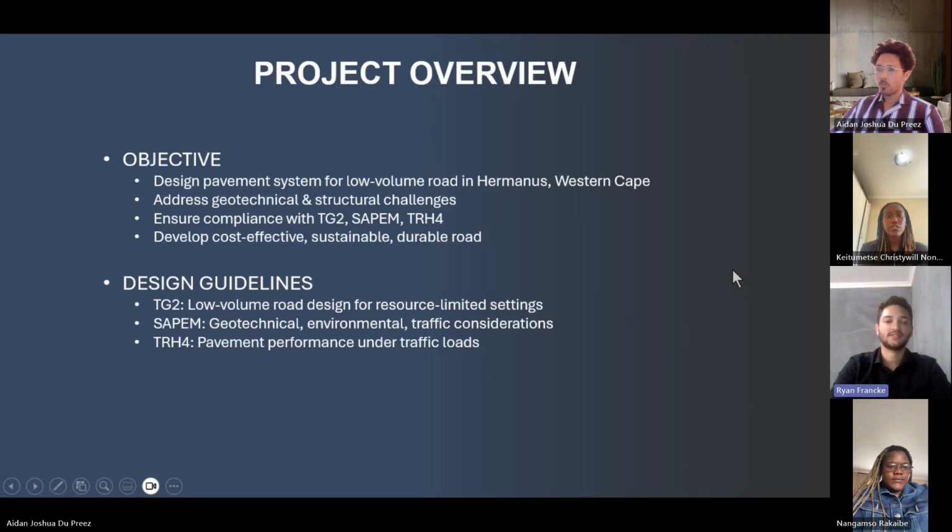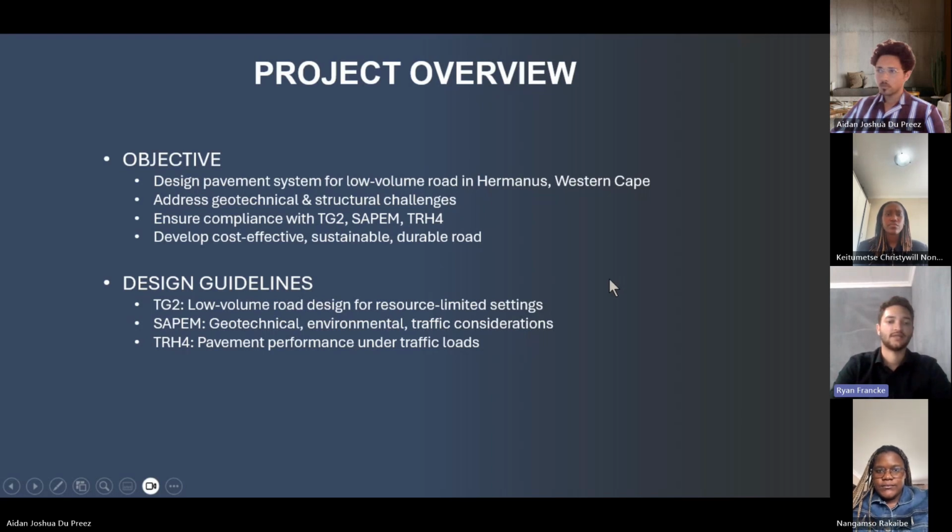By assessing the stresses, strains, and the suitability of aggregates, the project ensures compliance with local and national guidelines such as Technical Guidelines 2, South African Pavement Engineering Manual, and the TRH4. This process involves integrating material testing, traffic analysis, and structural modeling to develop a cost-effective, sustainable, and durable road structure.